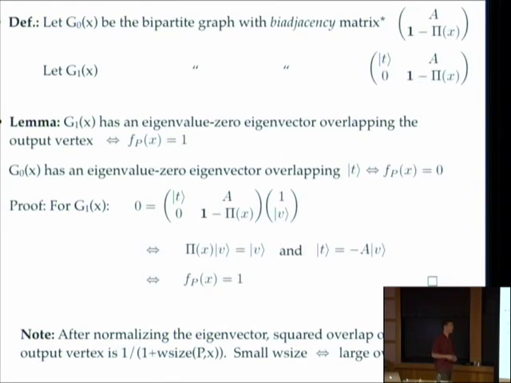Similarly, in the false case, the squared norm of the eigenvector will, for a canonical span program, also be 1 plus the witness size. And so we want these eigenvectors to have large overlap on the target vertex, which corresponds to small witness size.